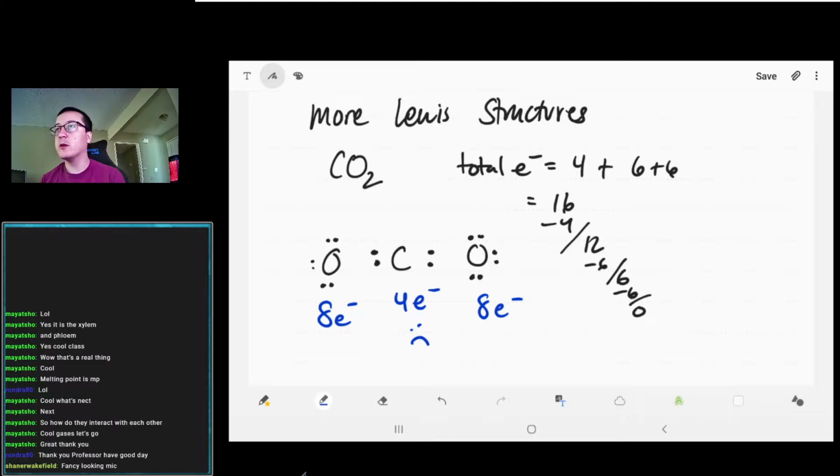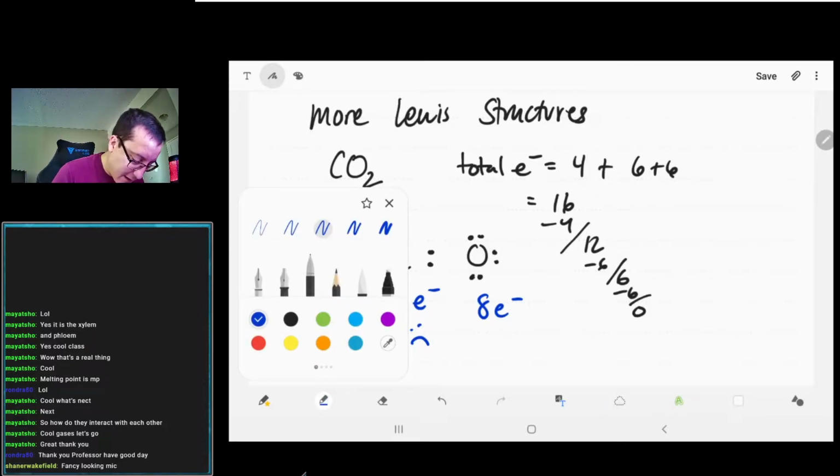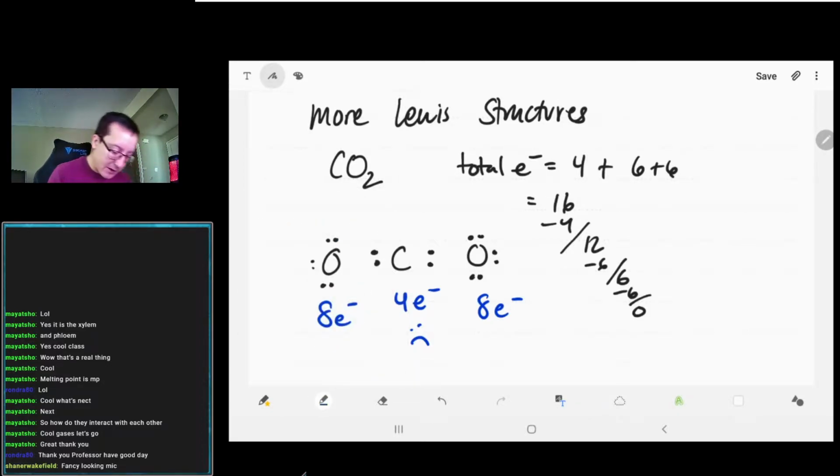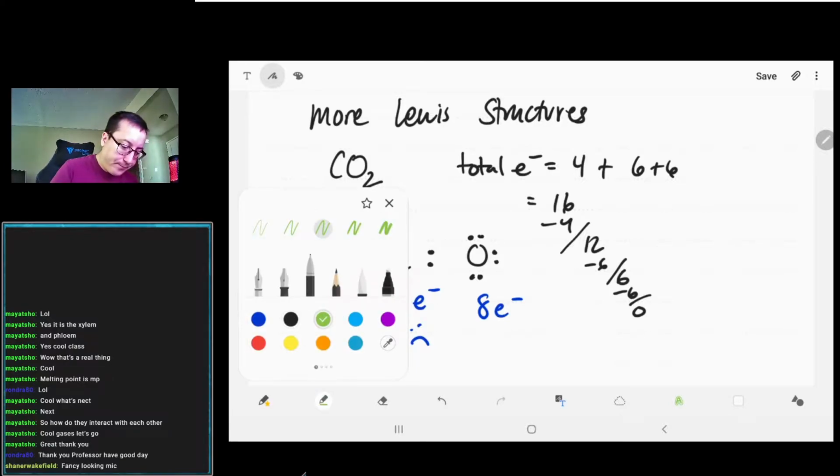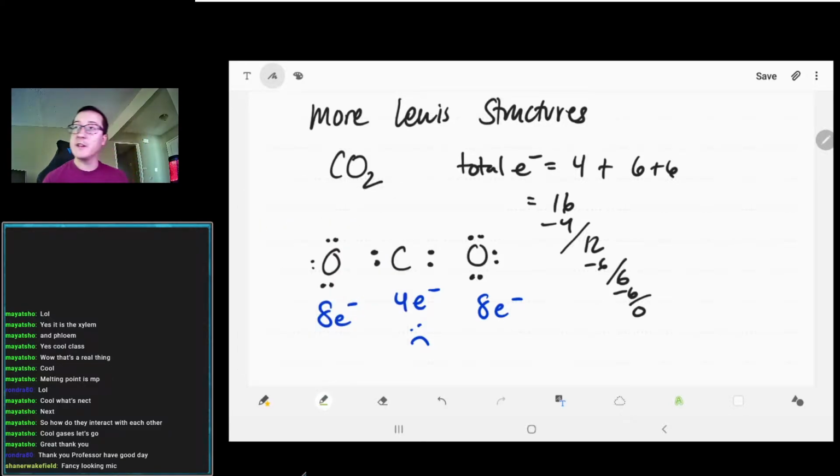And so we're going to have to now look at one of the parts of, what am I trying to say? Remember step 5 last time was adjust as necessary? That's what I'm trying to say. What we're going to want to do is we're going to shift a lone pair and turn it into a bonding pair instead.